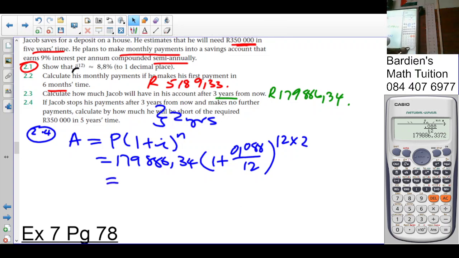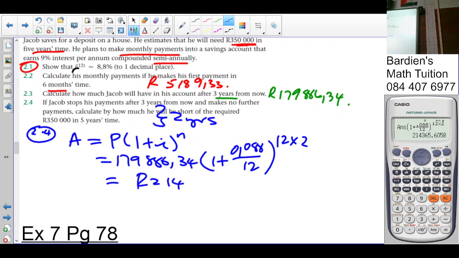Okay, so that's going to be answer into 1 plus 0,088 over 12, the exponent 12 times 2. You guys following? Yes. It's 214,365 rand and 61 cents. But what's the question?